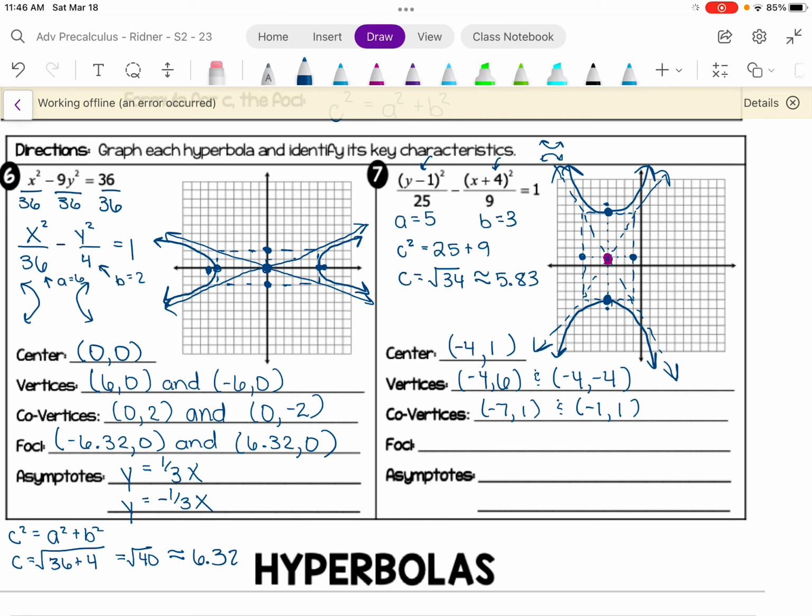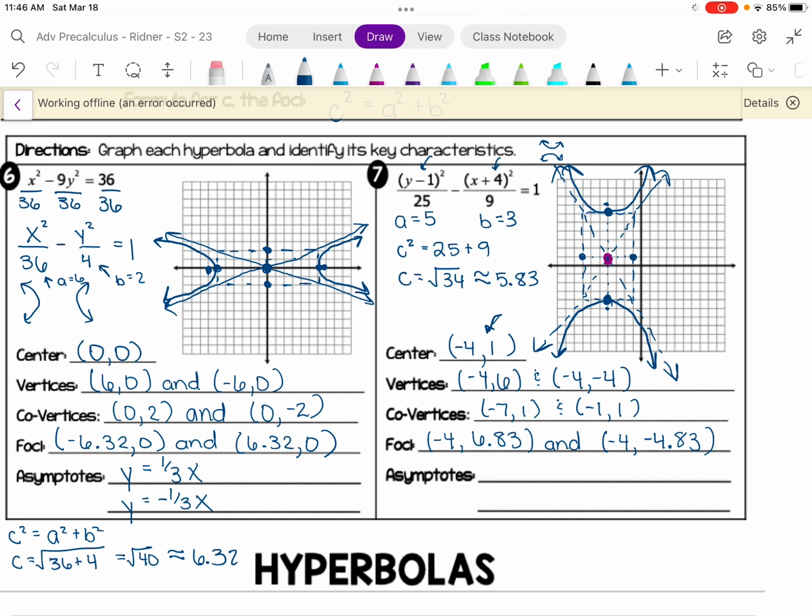Okay, so where that puts me is negative 4, comma 6.83. And then when I went down, it put me at negative 4, comma negative 4.83. Because I had to add and then subtract to the 1 there to go up and down.